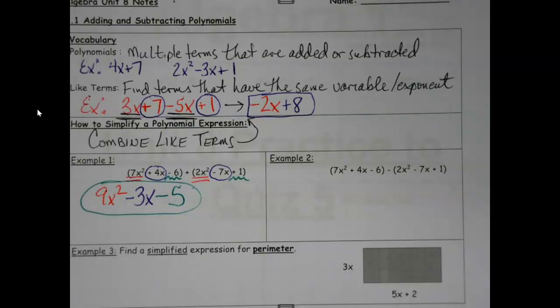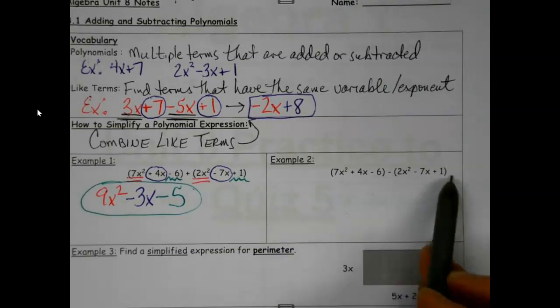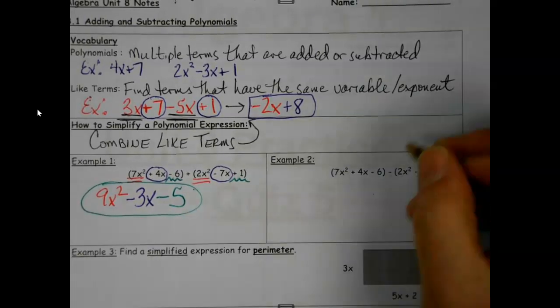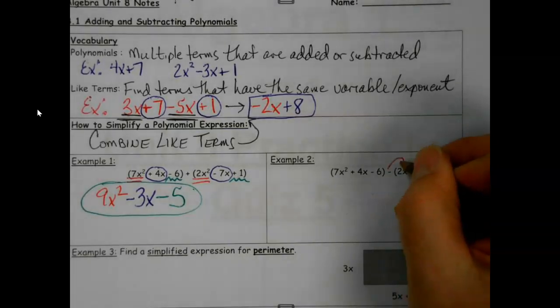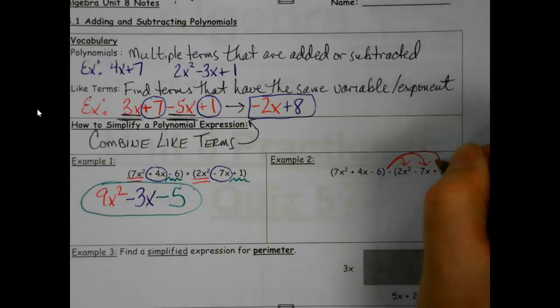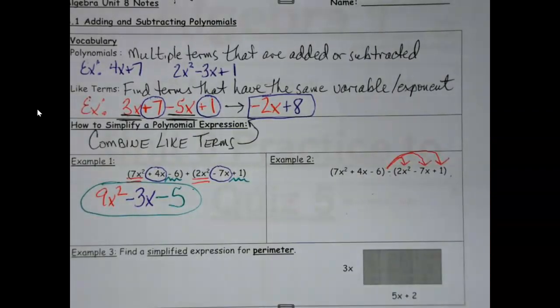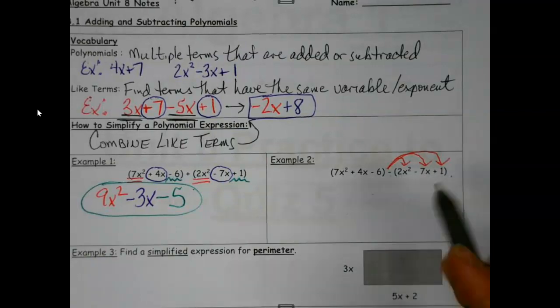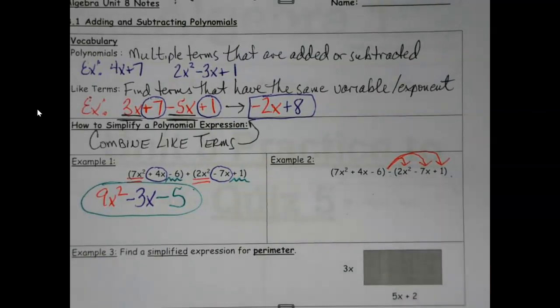Now, if you have a set of parentheses, and there's a minus there, that minus goes to every single term inside the parentheses. Every time you see another plus or minus is a new term. And so that minus is going to distribute. So I'm going to take one extra step on this one.